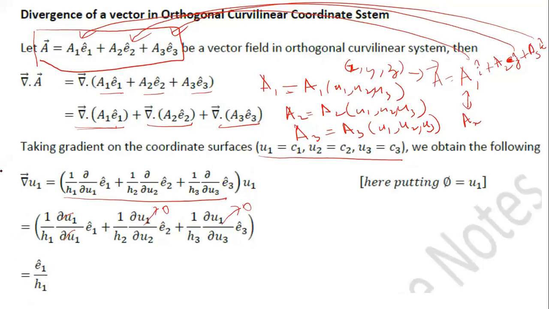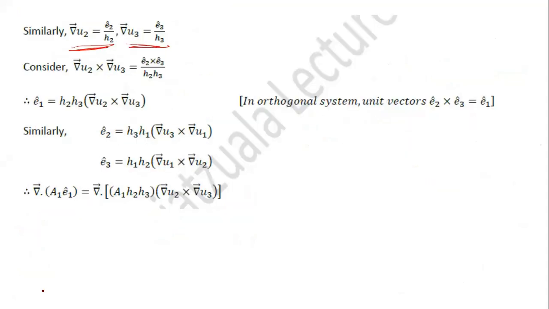Gradient of U1 is E1 cap upon H1, gradient of U2 is E2 cap upon H2, and similarly gradient of U3. Now, you can take a cross product between gradient of U2 and gradient of U3. So gradient of U2 is E2 upon H2, cross product with E3 upon H3. H2 and H3 are scalars, so you can simply put them together like this. However, as I said before, in orthogonal coordinate system, all these unit vectors E1, E2, E3 caps are mutually perpendicular.